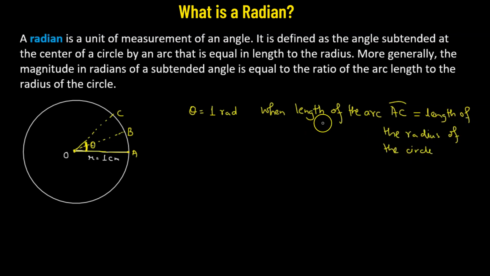That means whenever the length of the arc is also 1 centimeter, exactly equal to the radius of the circle, then the angle subtended at the center is going to be referred to as 1 radian. So this is the definition of the radian.